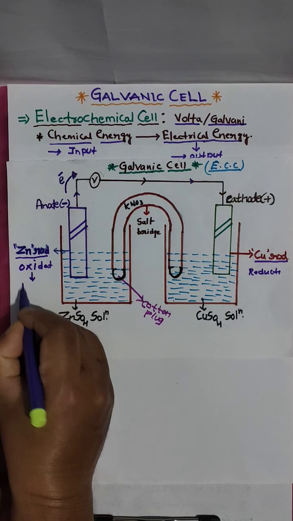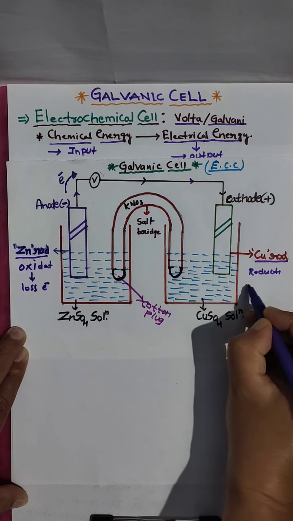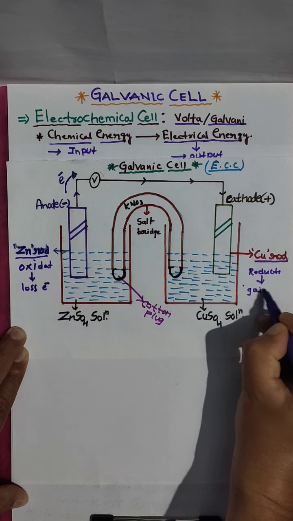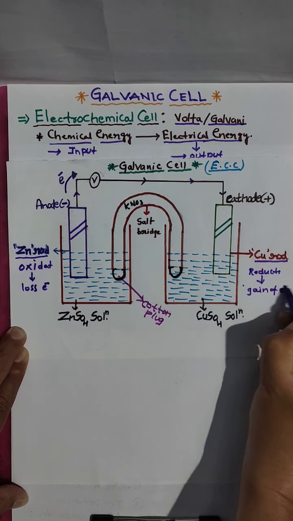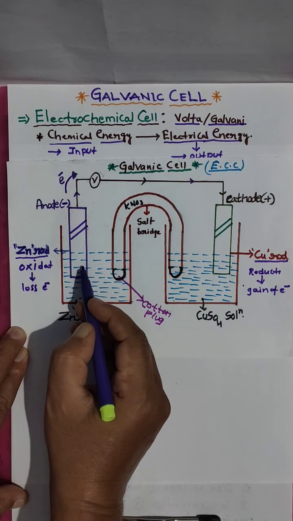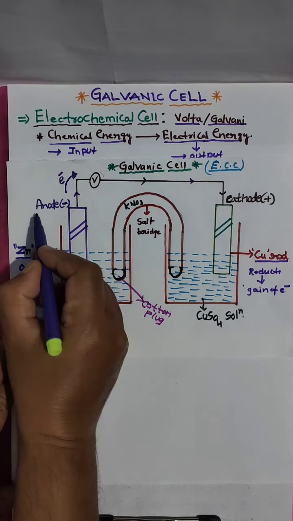Oxidation is nothing but loss of electrons. Already I explained. Reduction is nothing but gain of electrons. So when the zinc rod loses electrons, loss of electrons is called oxidation.